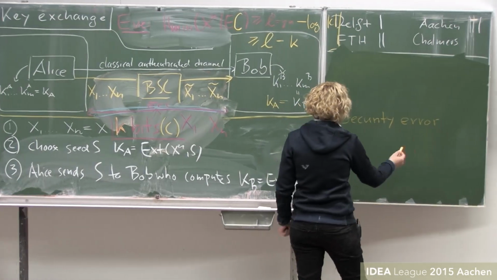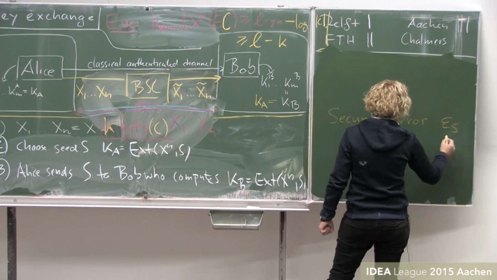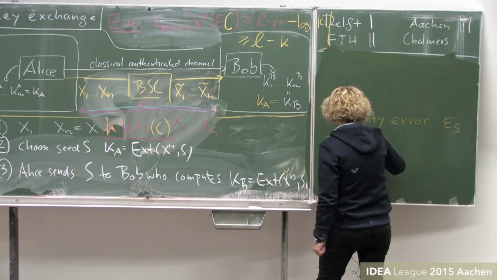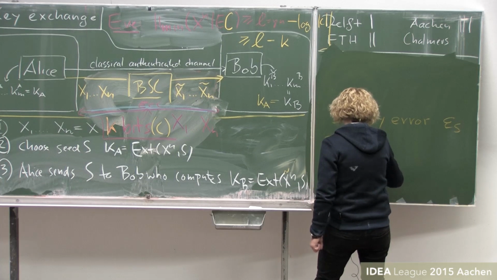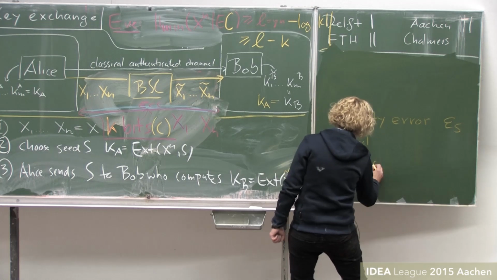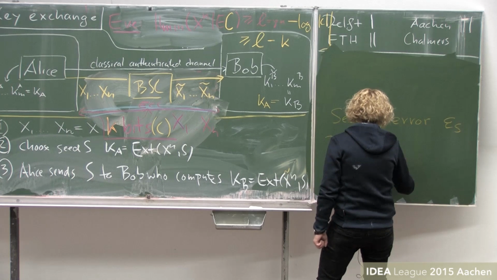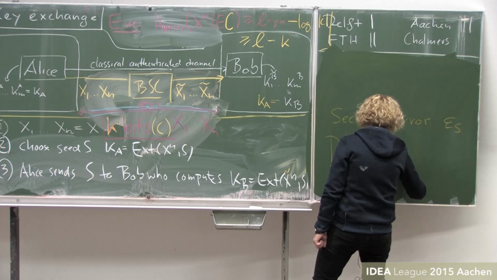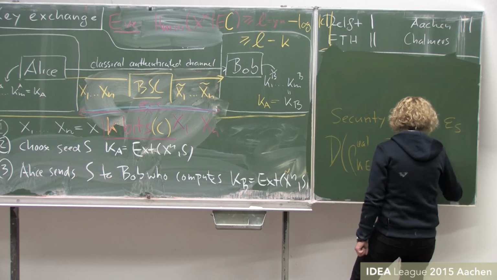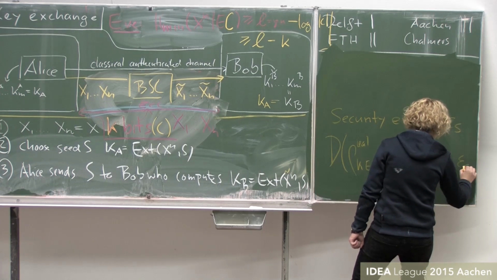So the security error, let me call this epsilon security, says that the key we're generating, whatever Eve has, so Eve also has a seed, is close to uniform and uncorrelated, less than epsilon s.